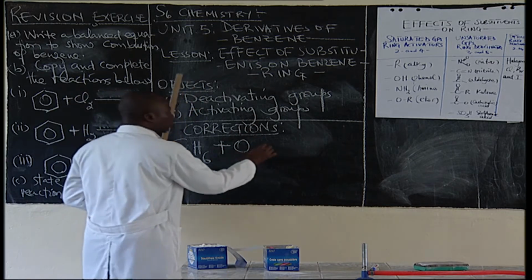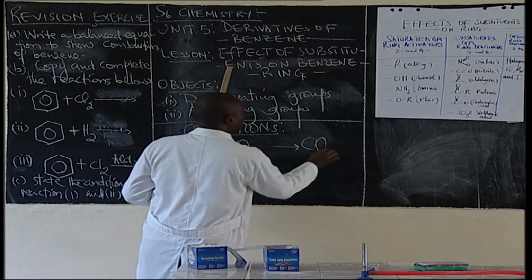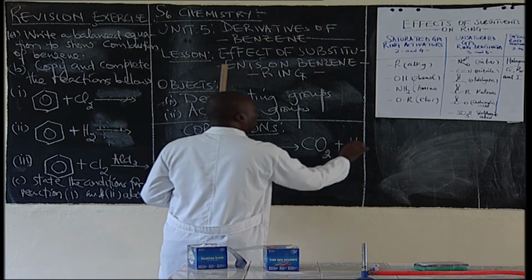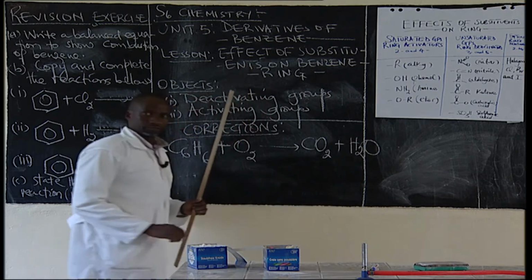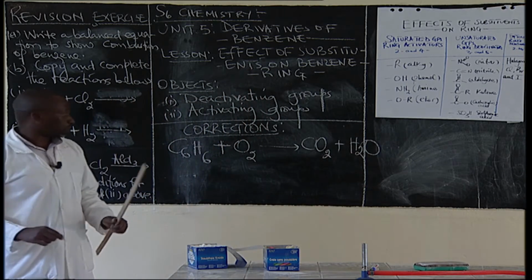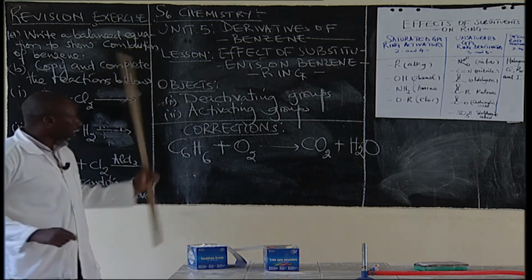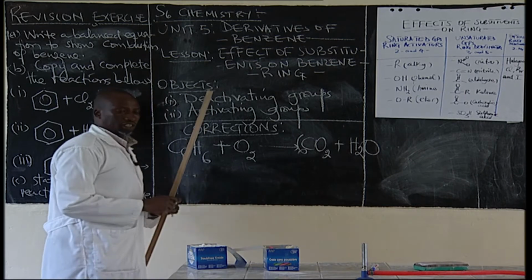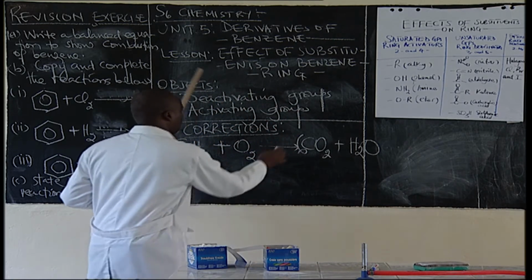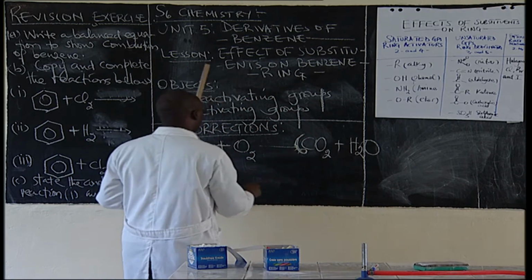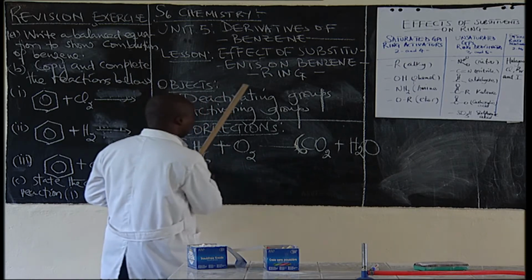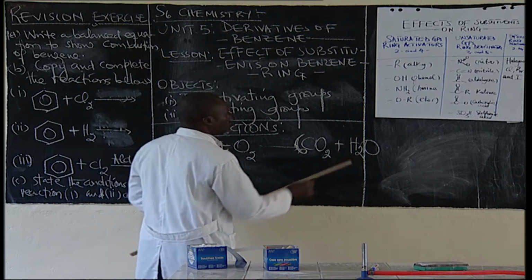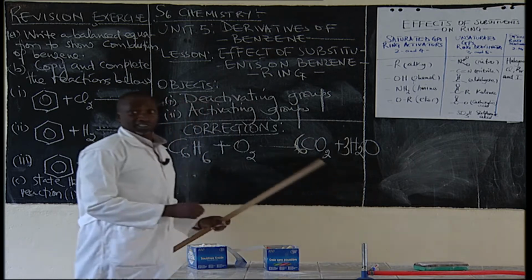So that is oxygen. This will give carbon dioxide plus water. We said a balanced equation, so the number of atoms must balance. We have 6 carbons on the left, so we need 6 CO2. The hydrogens are 6 here and 2 here, so make them 6 as well.